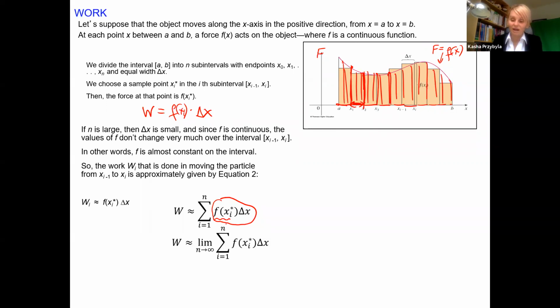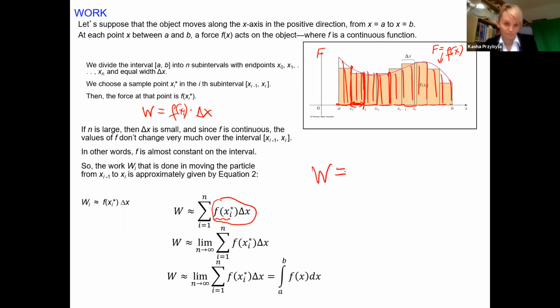That means when n, the number of subintervals, goes to infinity, we use the limit, and we remember the limit of the sum is just the integral. So now the final output: in order to find the work, if the force is variable, we just integrate the formula for the force on the given interval.